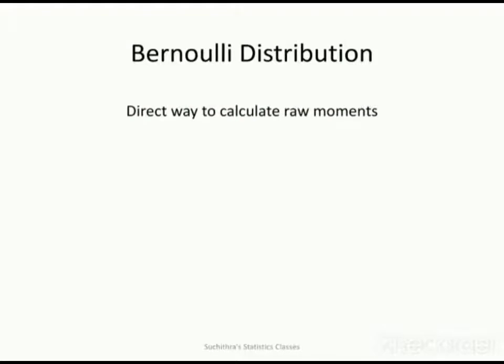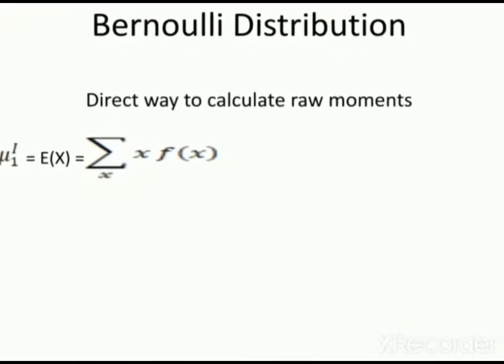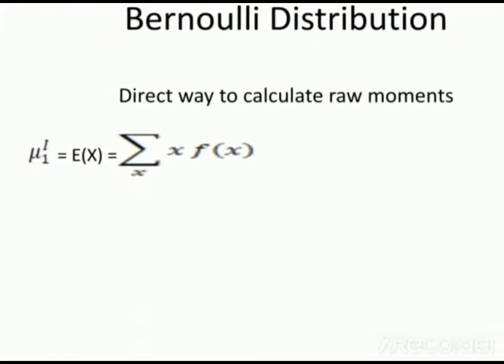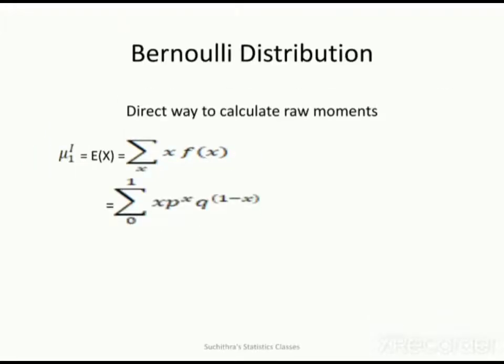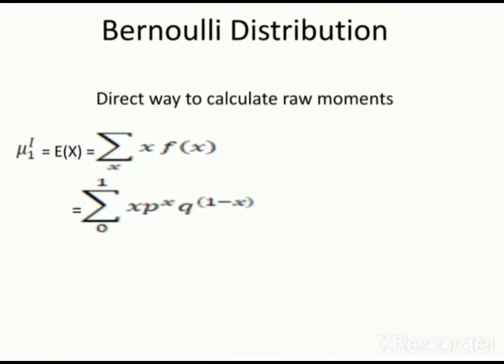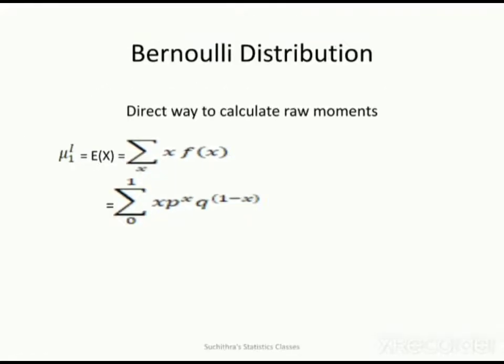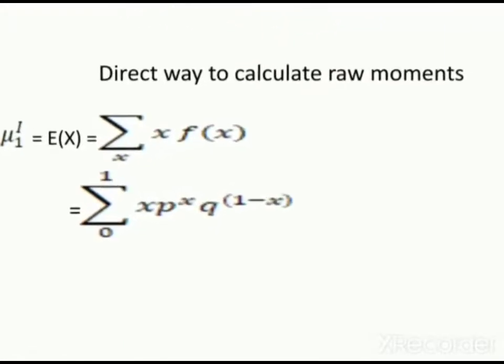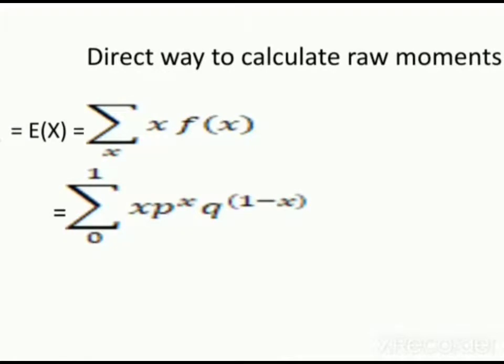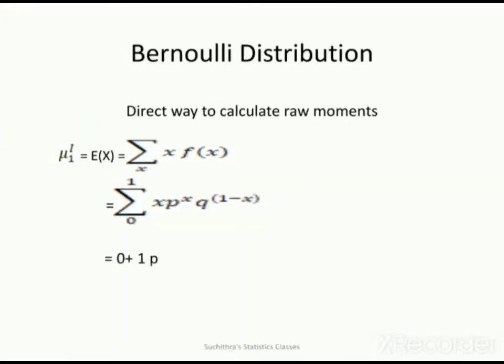Now, let us think about the direct way to calculate raw moments. Mu1 dash, which is equal to E of x, is equal to summation over x f of x, that is sigma 0 to 1 of x p raised to x q raised to 1 minus x, which is equal to p.